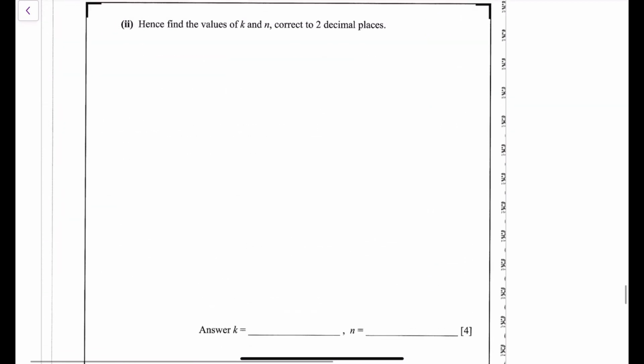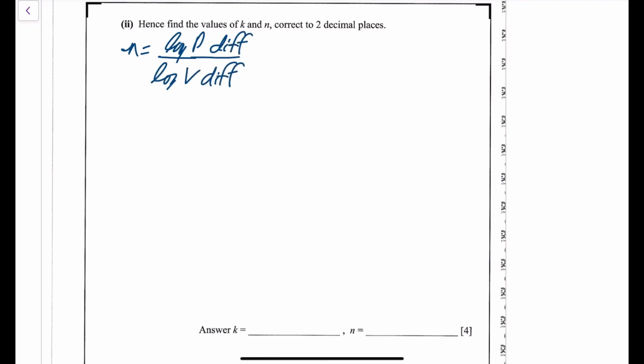So we'll say here n is going to be equal to log p difference over log v difference. So that was 2.607 minus 1.041. I'll show you again where I got this.